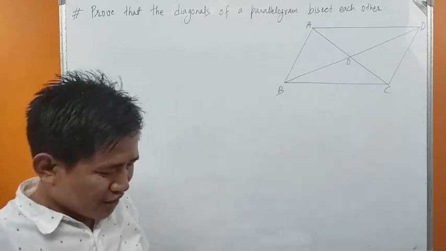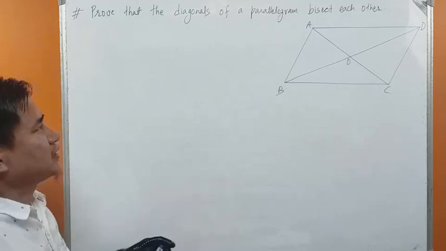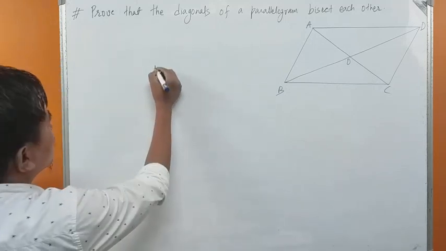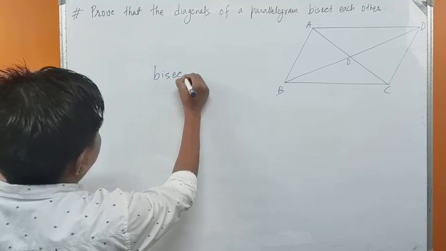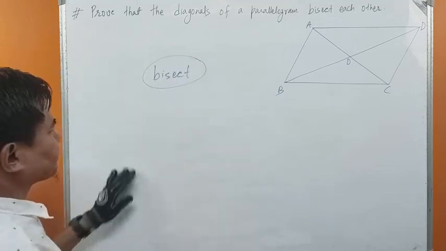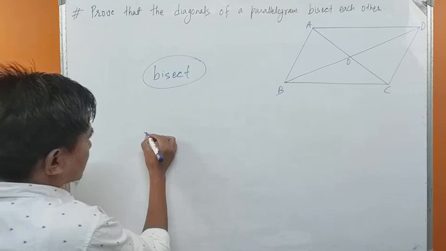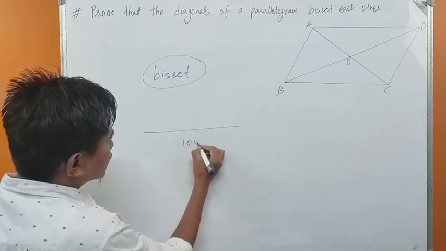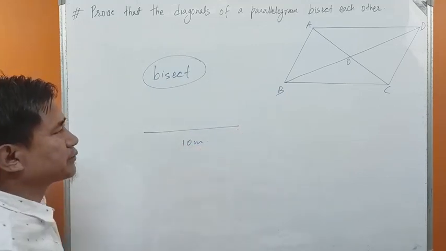Let us understand the word bisect first. What does the word bisect mean? Suppose I have a 10 centimeter long straight line segment.